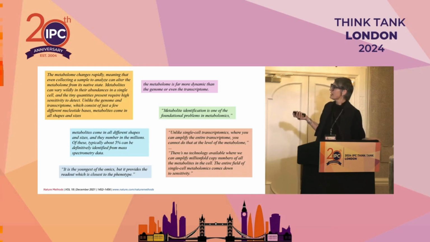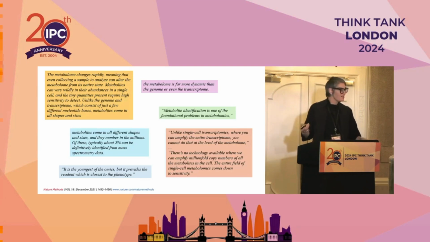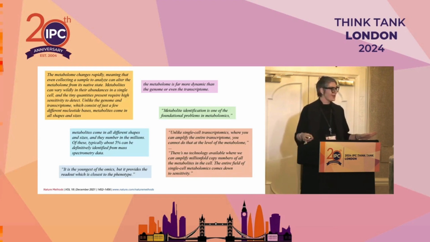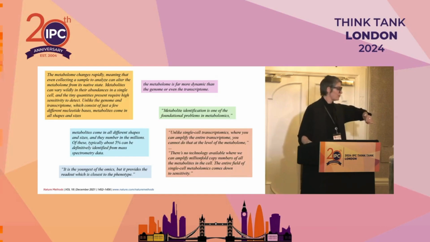The other thing is that metabolite identification is a foundational problem, as is the sensitivity of being able to measure metabolites. So I think as we move into the future, we're going to learn more about psoriasis and the role of metabolism that hopefully will give us more pathogenic understanding of the role of it. I'm going to end there and take questions. And hopefully I went fast.